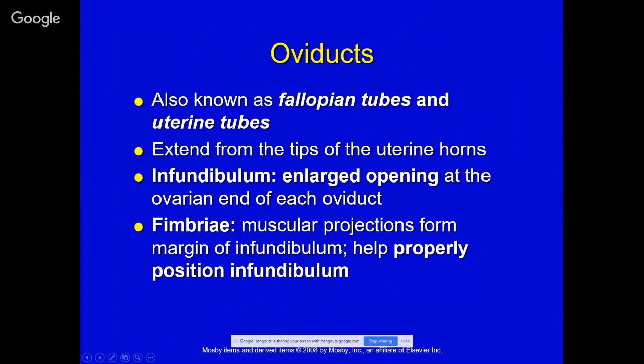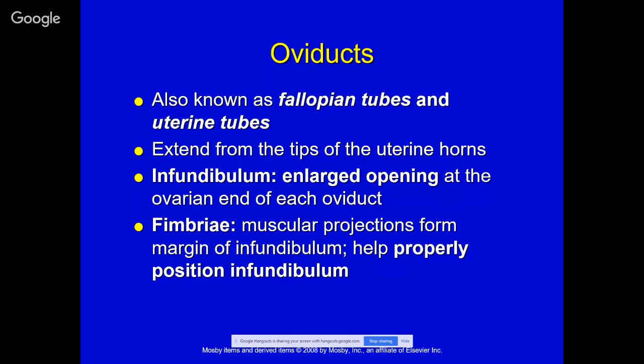The fimbriae help it, it reaches out and grabs that egg at the right place at the right time, and that egg travels through the oviduct into the uterus. And it's in that oviduct where fertilization actually occurs. So sperm has to get all the way through the uterus, all the way up to the oviduct in order for fertilization. So it's a pretty amazing thing that happens.